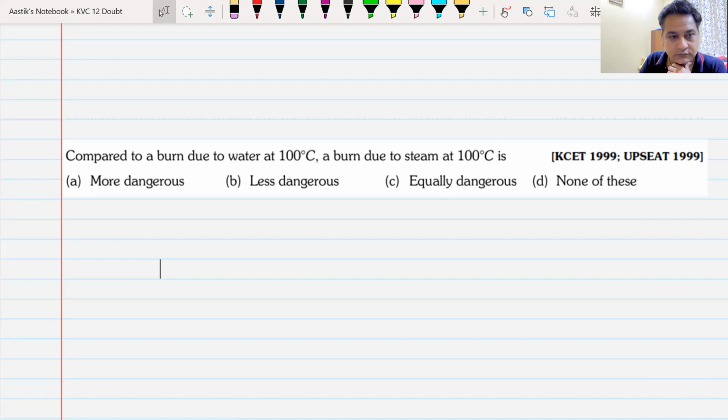Option A, more dangerous. Why? Because when water converts into steam, 540 calories per gram has to be given. Energy is more for steam because of the latent heat of vaporization. We all understand this. Remember, the same question will come in your NEET, maybe in your JEE as well.